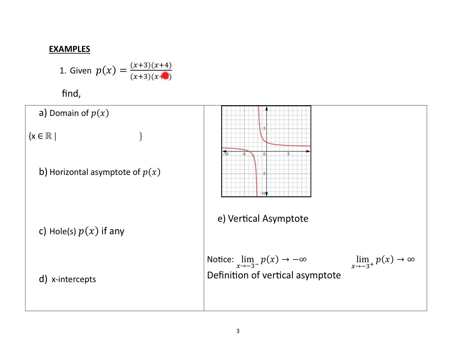It's already factored, and I'm going to start by finding the domain. And in finding the domain, I just need to take each of the denominators, make them equal to 0, and solve. For example, I could do x plus 3 equals 0, and I get x equals negative 3.